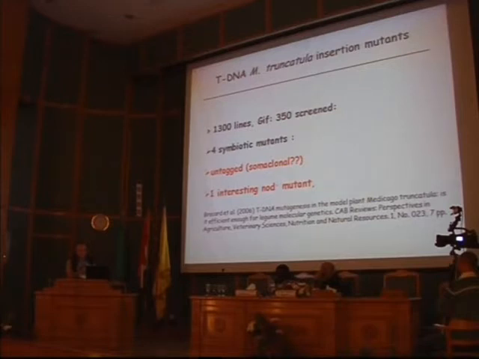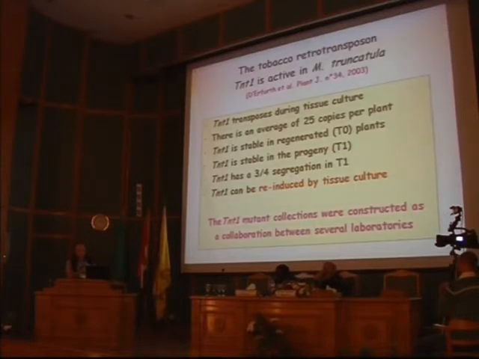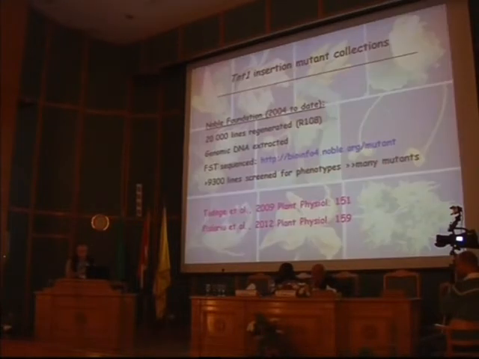And now this retrotransposon is working very efficiently. The transposition is induced during tissue culture. We have 25 copies per plant. It's stable in the regenerated plant. It goes through the progeny. You can use it as a genetic marker, and you can reinduce by tissue culture, which means you can expand the collection to a very large number.